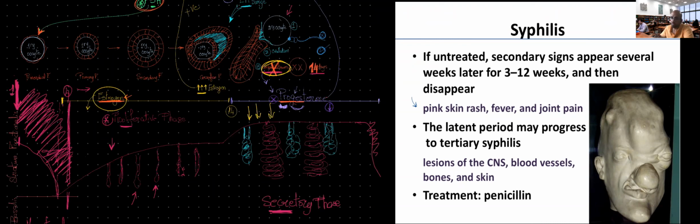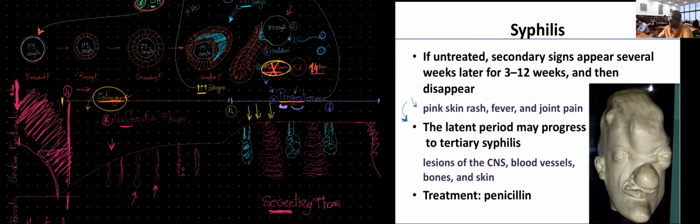All right, so something that is not that specific. So also the patient will not be seeking treatment at this point. And this can progress into a latent syphilis or tertiary syphilis.